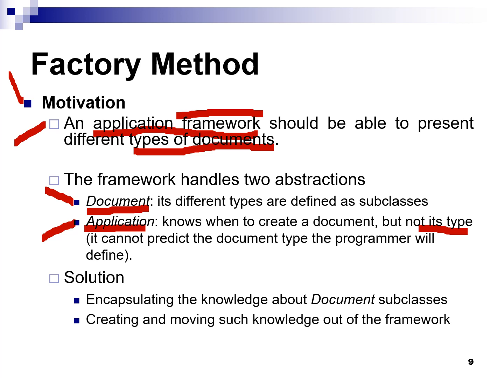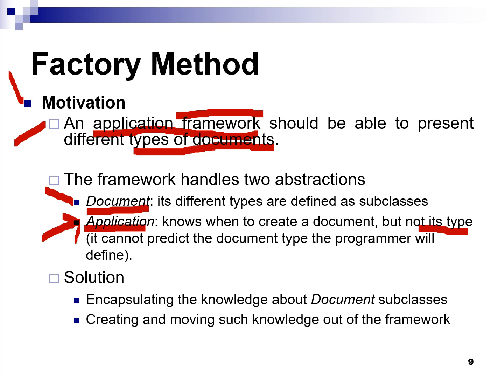And then, of course, needs to configure the application with the type of document that the application should handle. So what's the solution to this problem? The problem is that when you define an application, you need to define a type of document, right? And then the application should somehow be configured with the type of document to create.